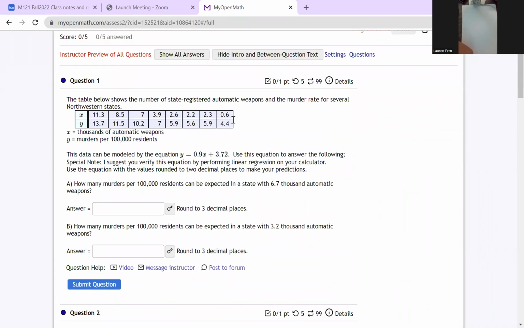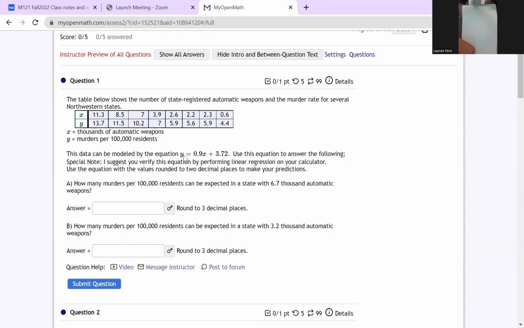Number 1, here they gave you a bunch of data, and they tell you what X represents, and they tell you what Y represents. You do not need to find the equation of the least squares line. They give it to you. It's right here. And so what they want you to do is answer the questions based on this line. So for example, in part A, they want to know the number of murders per 100,000 residents.